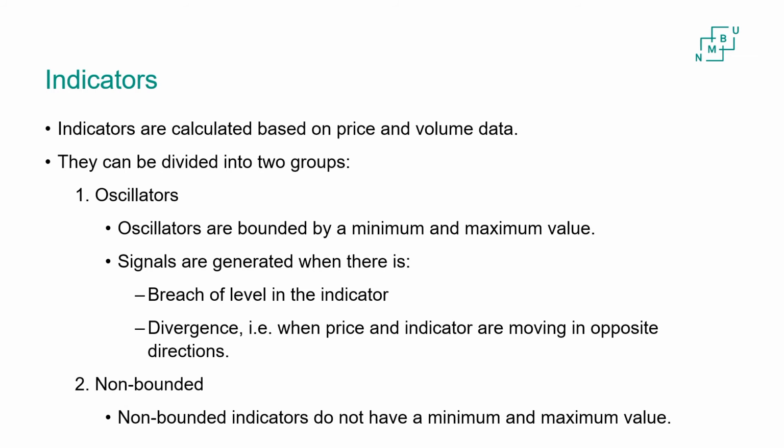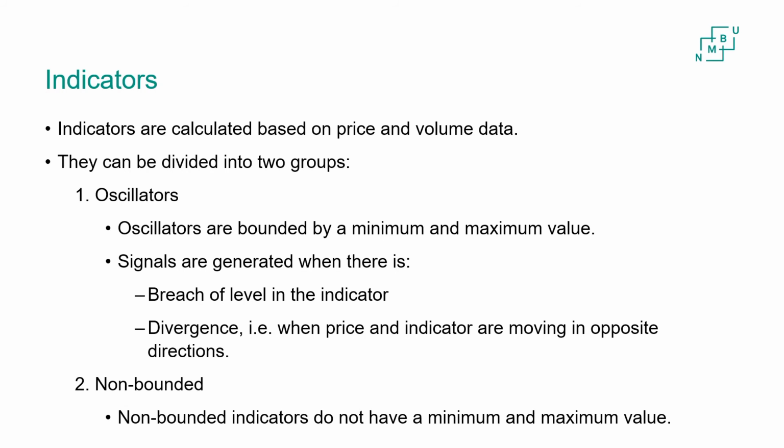And when the value of the oscillator is very high or very low, so that it has breached a level, then you get a signal that the asset is either overbought or oversold.